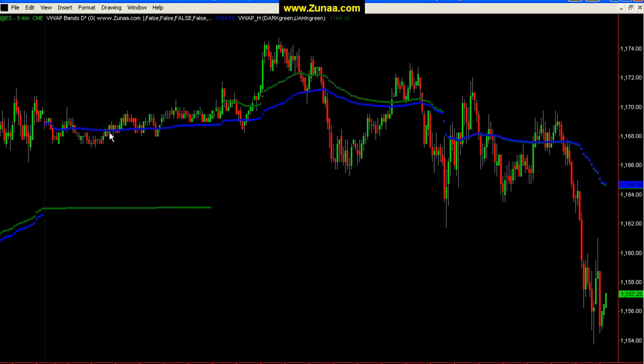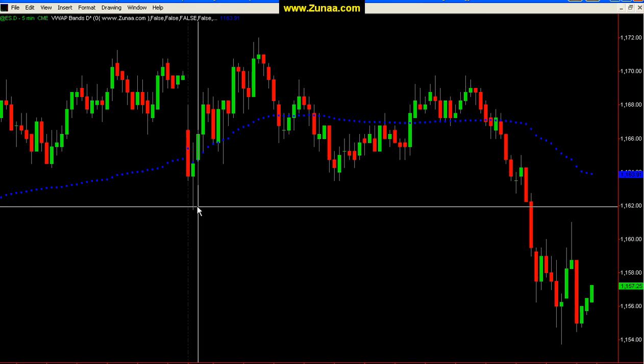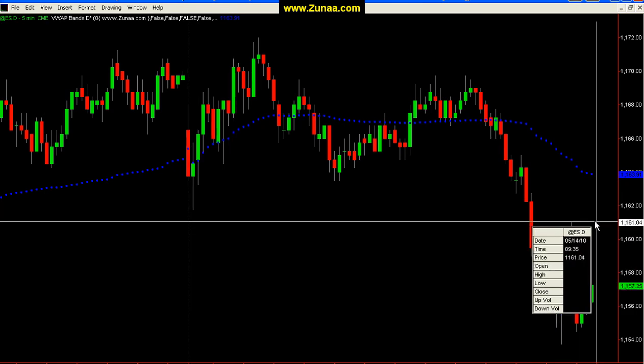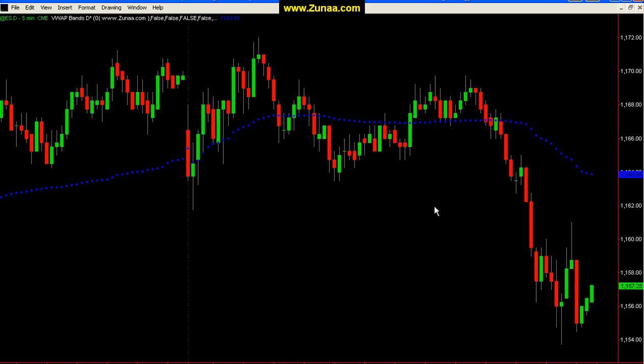So if you're using this indicator, let's say on currencies, most people who trade currencies are looking at the entire continuous session data. Only index traders really focus on the 9:30 to 16:15 Eastern Standard Time session.